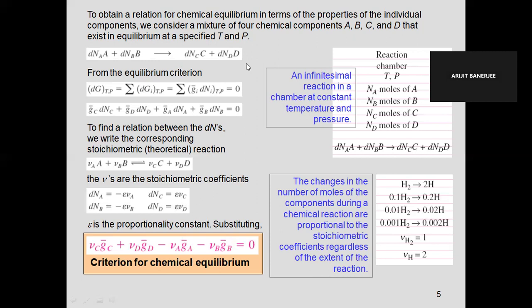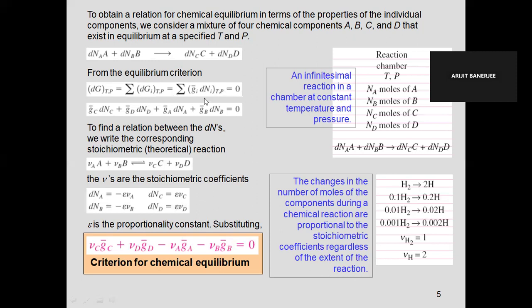In that case, we can write the equilibrium criterion: the change of the Gibbs function at a particular temperature and pressure, that means at this constant. Now, we just apply the equilibrium criterion for this sample reaction.